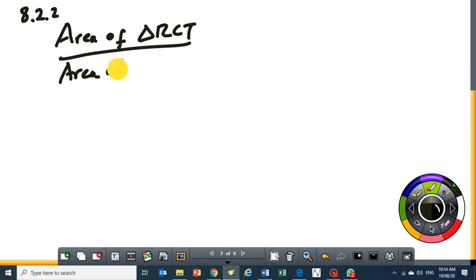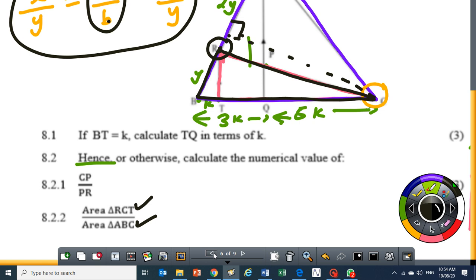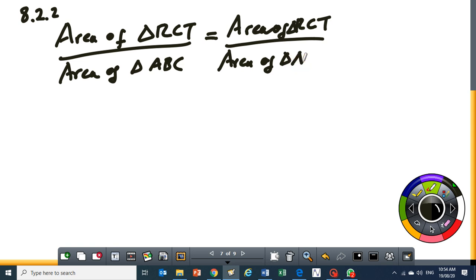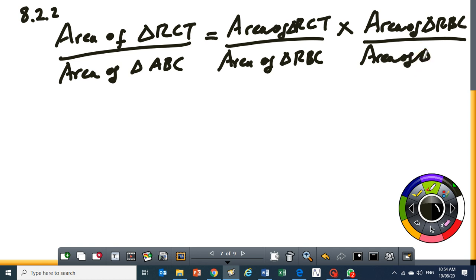I'm going to say the area of triangle RCT over the area of triangle ABC is going to be equal to the area of RCT divided by the area of triangle RBC, times the area of triangle RBC over the area of triangle ABC.